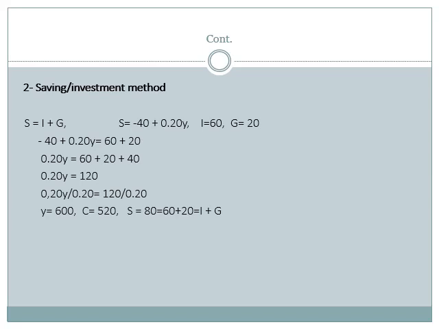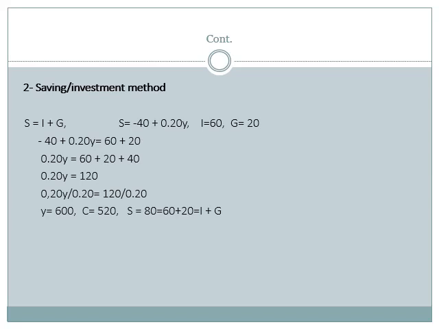Let's push negative 40 to the right side, then the remainder is 0.20y equals 60 plus 20 plus 40, or 0.20y equals 120. Now divide each term by 0.20: y over 0.20 and 120 over 0.20.